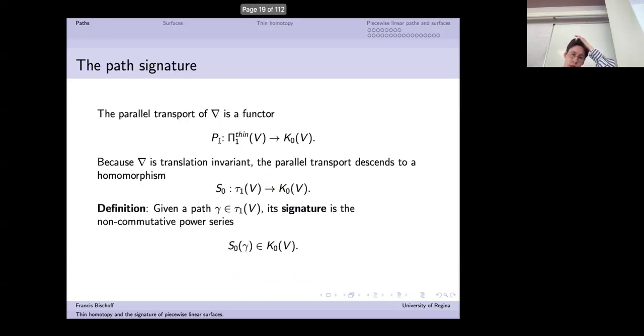That means this parallel transport homomorphism actually factors through this as a homomorphism from this group tau1 of V to K0V. Given a path, its signature is exactly the non-commutative power series obtained by taking this parallel transport. So this is a transform that takes paths and converts them into non-commutative power series.